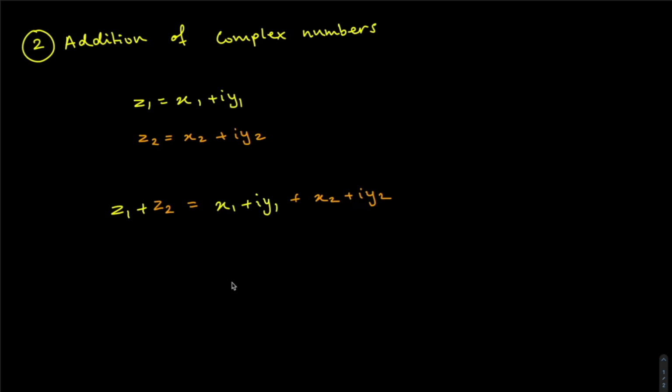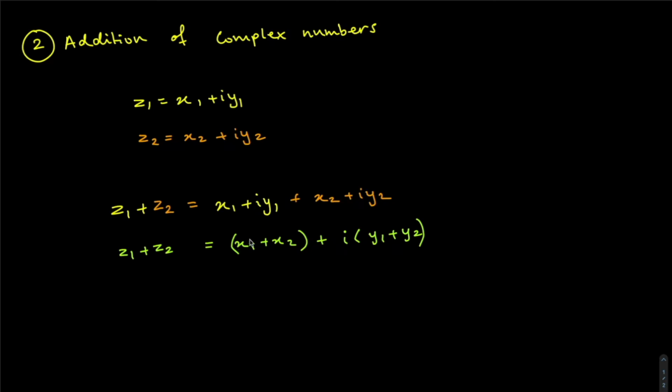Now we take the real parts together and the imaginary parts together. So Z1 plus Z2 is equal to (X1 plus X2), with parentheses around it, plus i times (Y1 plus Y2). Nothing too complicated.